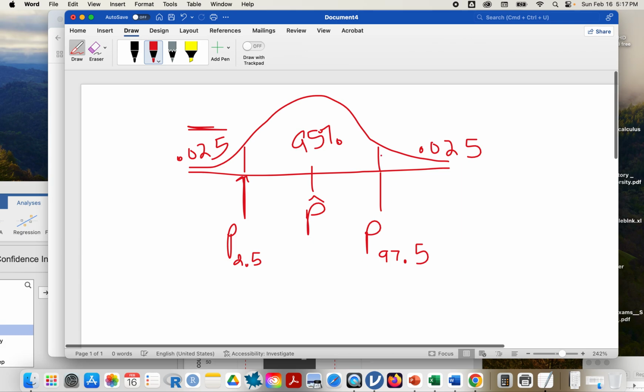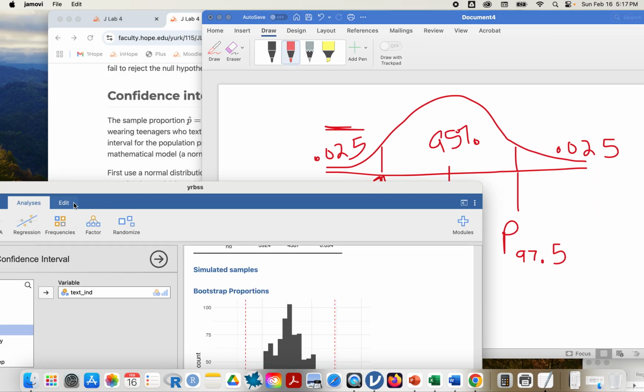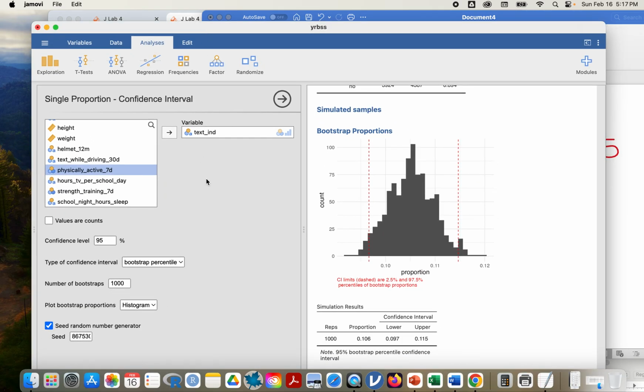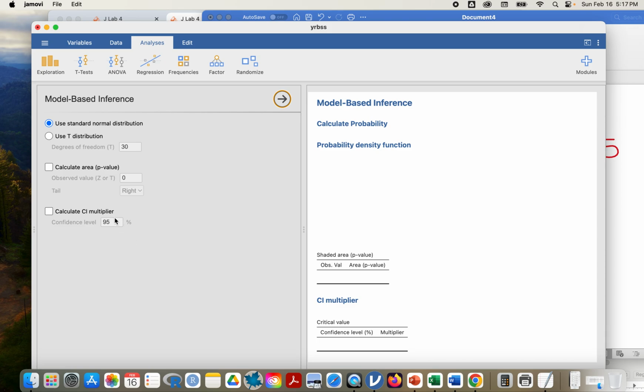And we can get these multipliers, which are the critical values, by traveling back over to jamovi. I click on randomize. I go to model-based inference. And I look here, and I have 95% in the confidence interval.